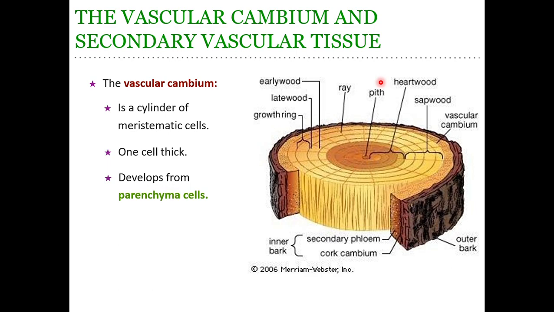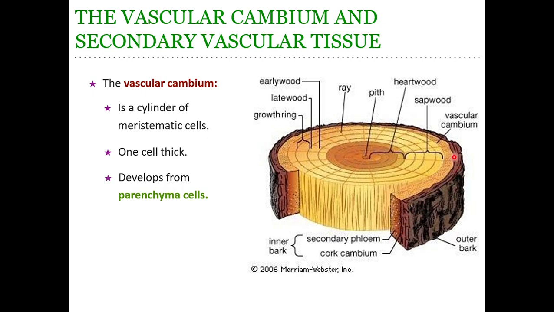The vascular cambium and secondary vascular tissue. So the vascular cambium is a cylinder of meristematic cells. It is one cell thick and developed from parenchyma cells. So we can see in the figure, it shows the outer bark, and then the inner bark consists of the secondary phloem and cork cambium.